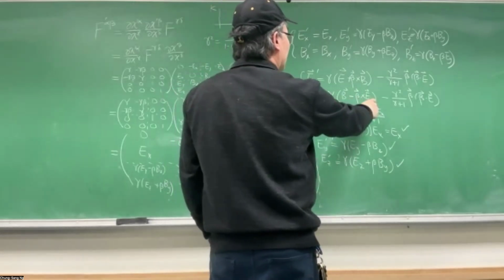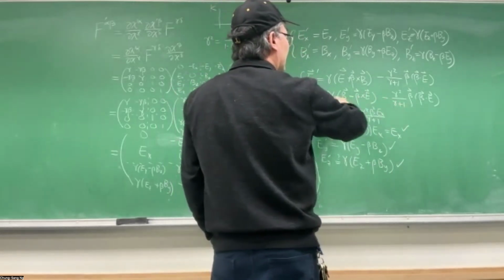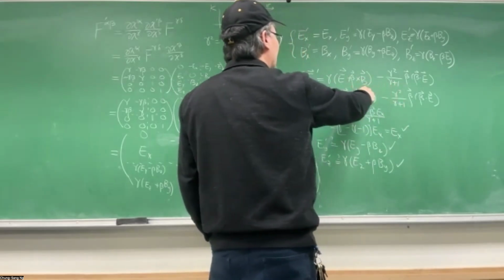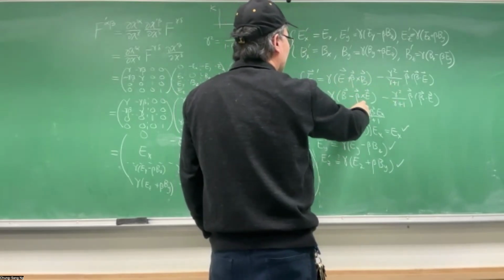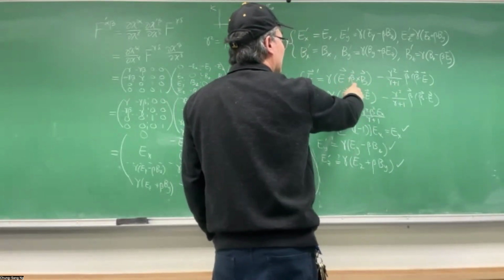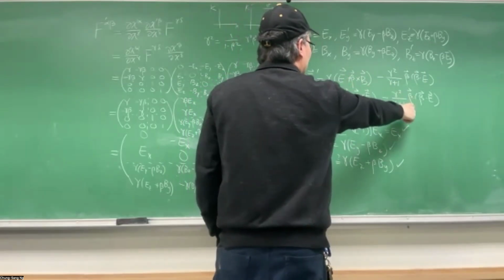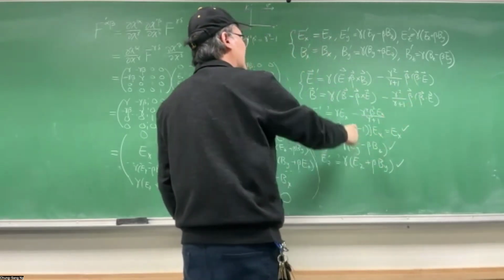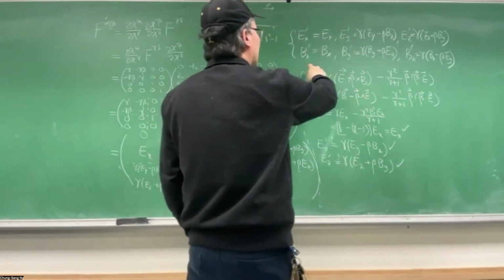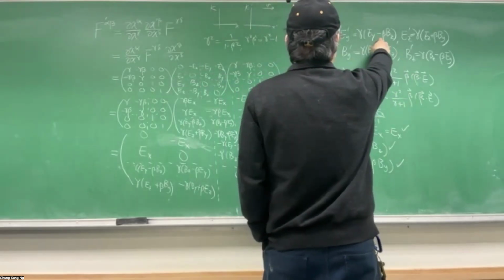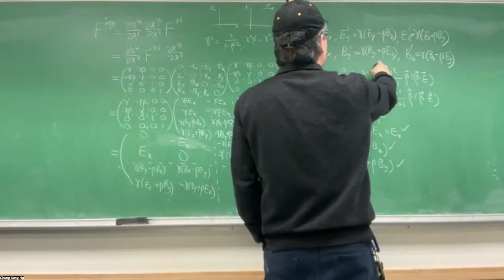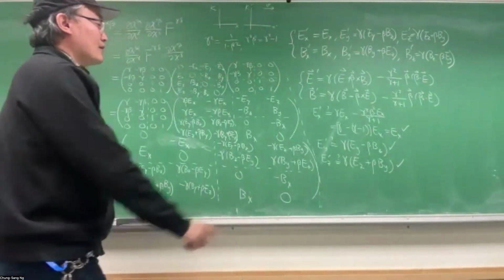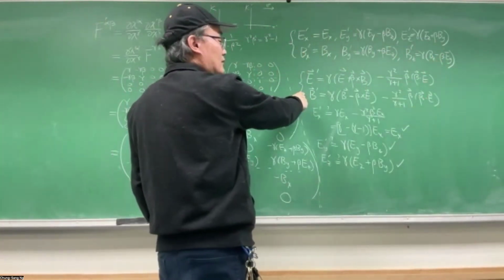And likewise, you can check the magnetic field, but another way to think about it is that these two transformations exchange B and E and change the sign of beta, right? But this term doesn't matter because you have beta squared, so it doesn't change signs. And likewise, this is just exchanging this transformation to this. You just exchange E and B and change beta to minus beta, right? So if you check these three, then this is also correct.